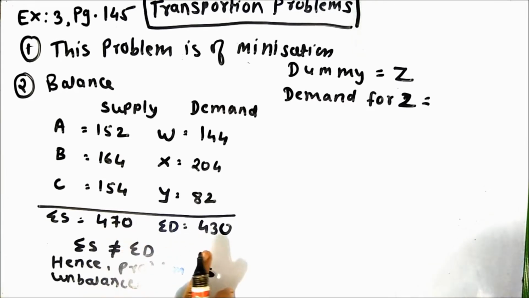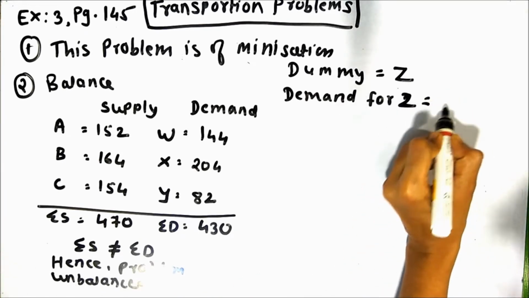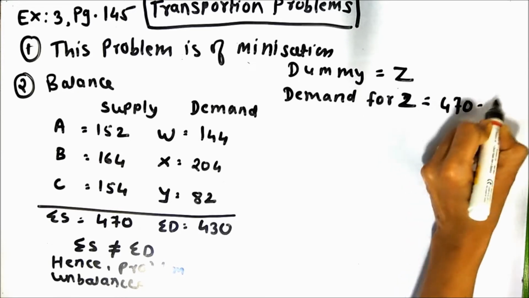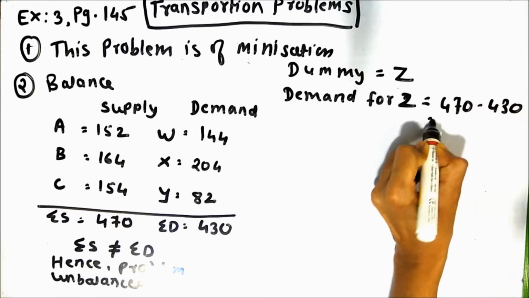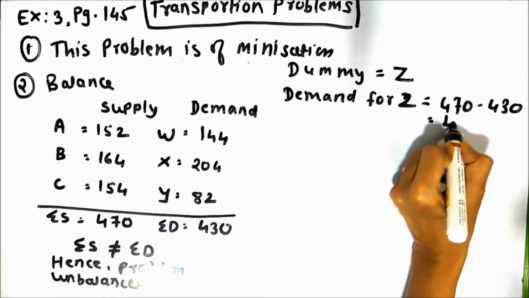So 470 minus 430, that is 40 units are required. So here the demand will be 470 minus 430, which is going to be 40 units.